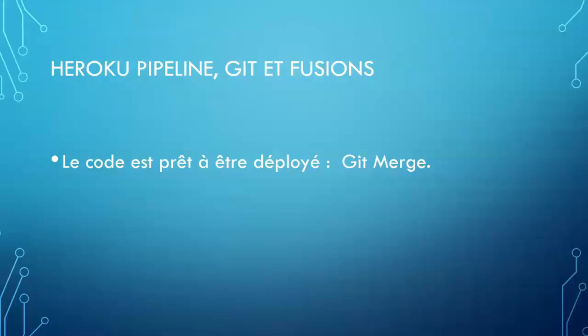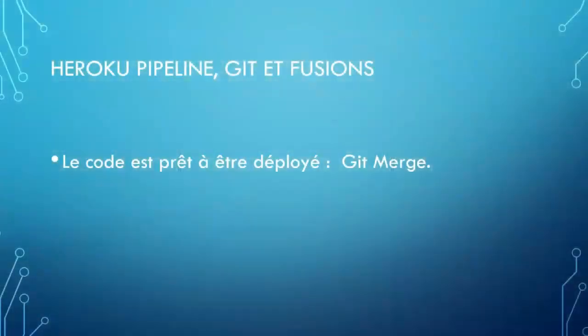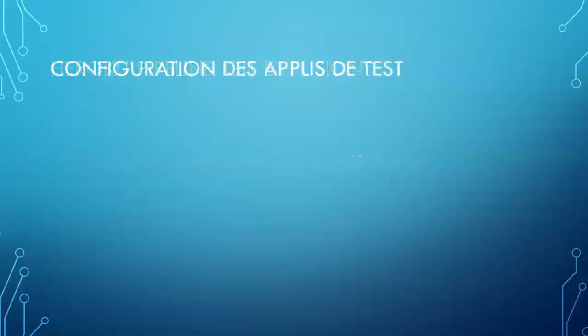This means that the code is merged into one. Merge doesn't mean that an application will disappear. It just means that the dev branch and the master will have the same code. So the applications will also have the same code. This correlation between Git and Heroku pipeline is the way Heroku offers to avoid infrastructure problems.